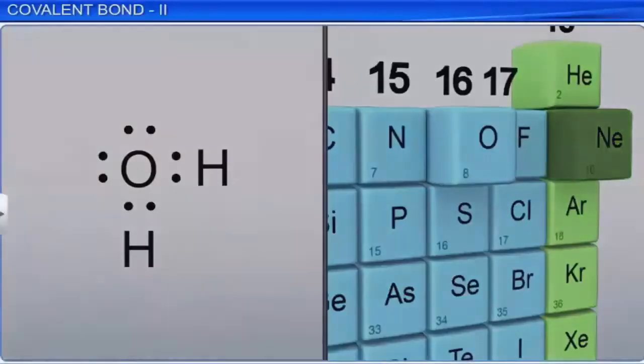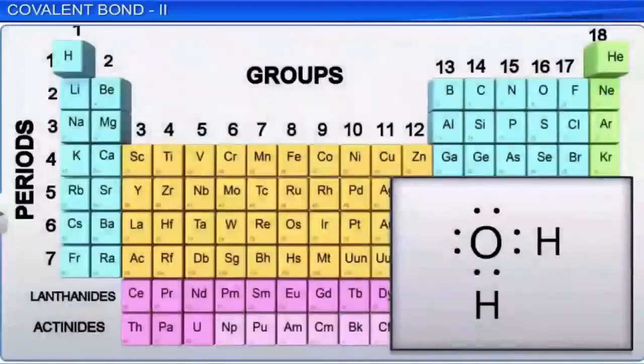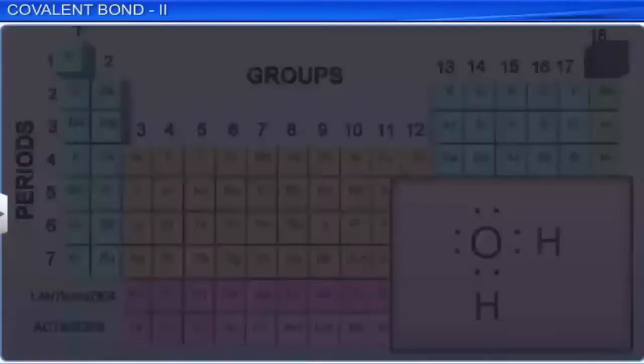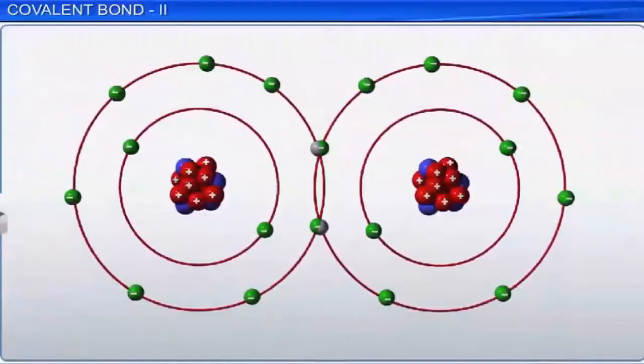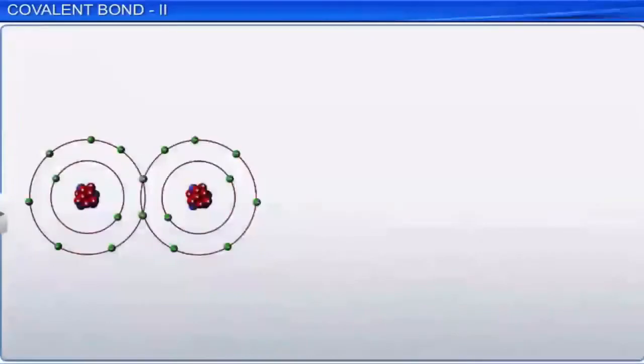On the other hand, by sharing 1 electron of oxygen each, the hydrogen atoms will have 2 valence electrons each. It will get the configuration of helium. When 2 atoms share 1 electron pair, they form a single covalent bond. For example, the fluorine molecule.